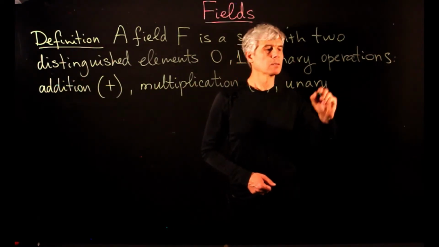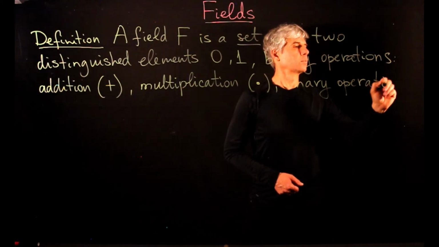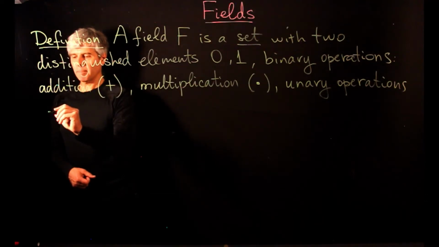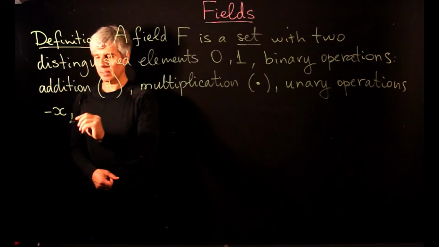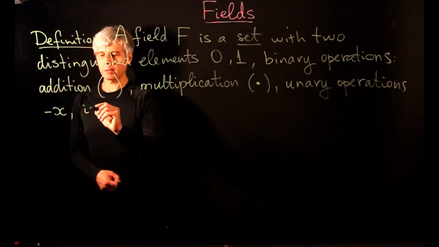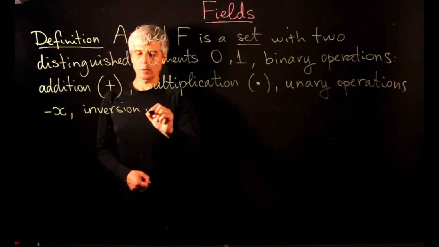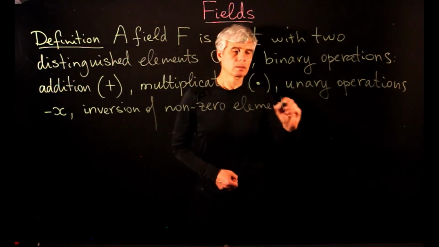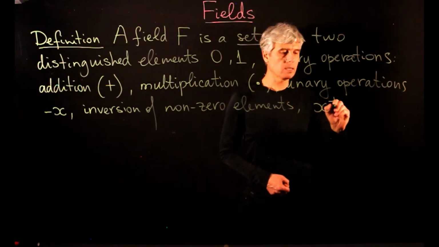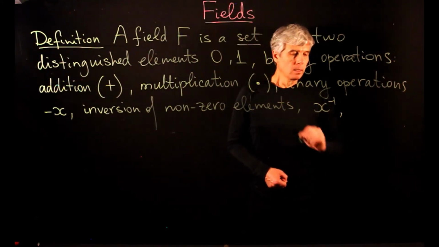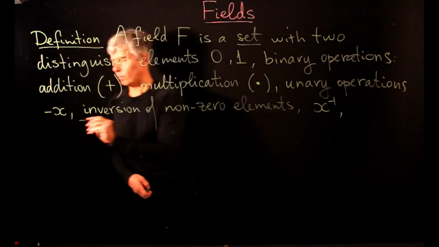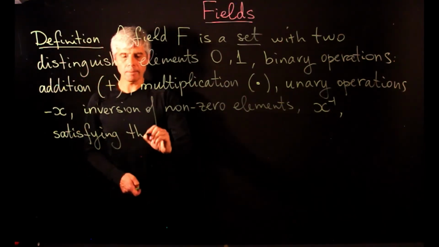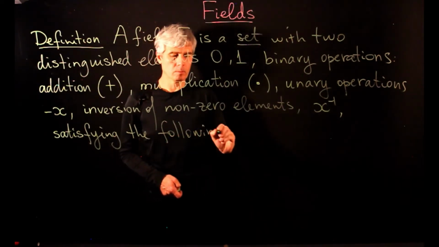Unary operations: unary minus, which we will write as minus x, and also another operation of inversion of non-zero elements, denoted by x inverse. Satisfying the following axioms.